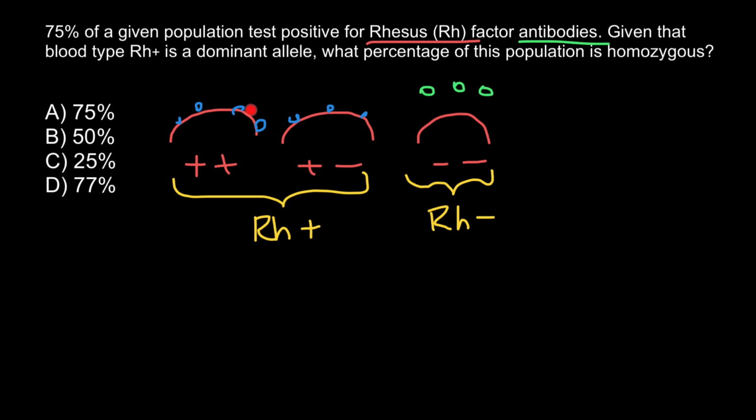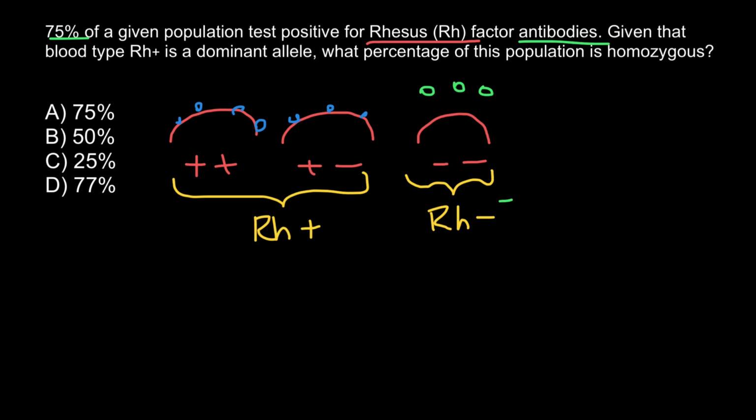In Rh positive blood group, we do not have such antibodies. Otherwise, these antibodies would kill their own red blood cells. So that means that 75% of those people who have these antibodies belong to the blood group Rh negative.